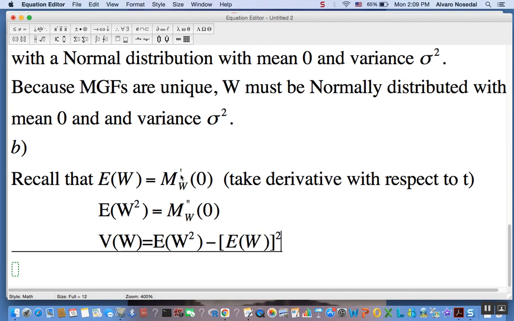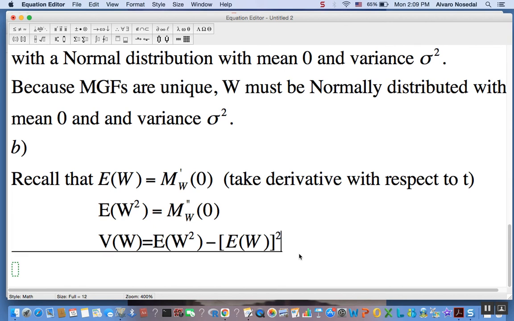That first derivative with respect to t of the MGF evaluated at 0 gives you the first moment with respect to the origin, which happens to be the expected value. And then if you take the second derivative with respect to t and evaluate at 0, then you end up with the second moment with respect to the origin, the expected value of W squared. And combining these two expected values, you can easily find the variance. Okay?